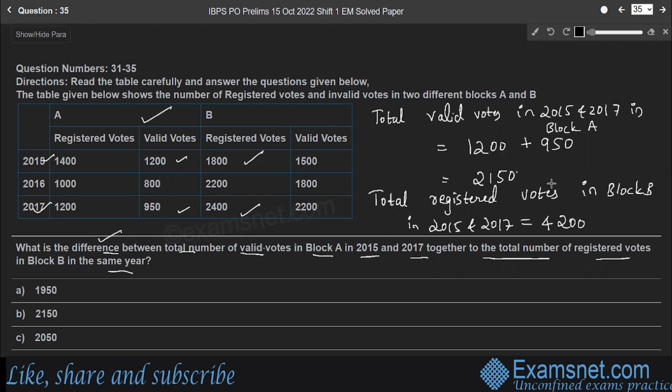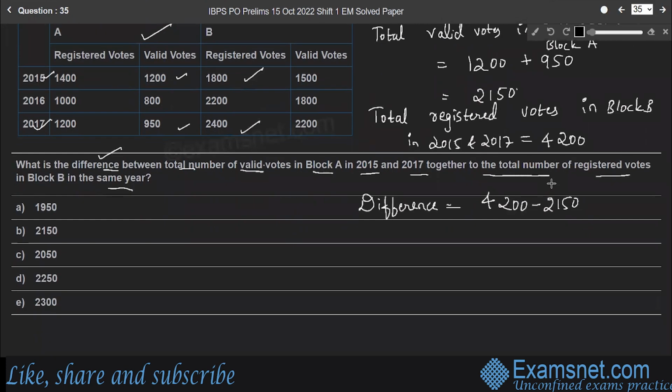Here we have to find the difference. Therefore, the difference is 4200 minus 2150, which is equal to 2050, right? Therefore, option C is the right answer.